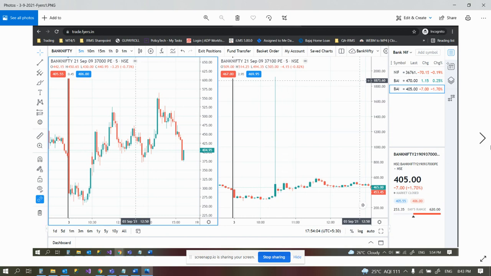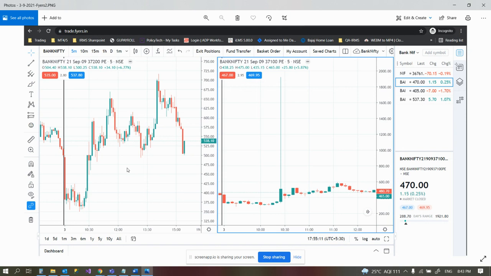Such things are happening in the market, and there are loopholes, or we can say there are many other systems that we are still not aware of. I'm talking about traders. So just be aware of such things.